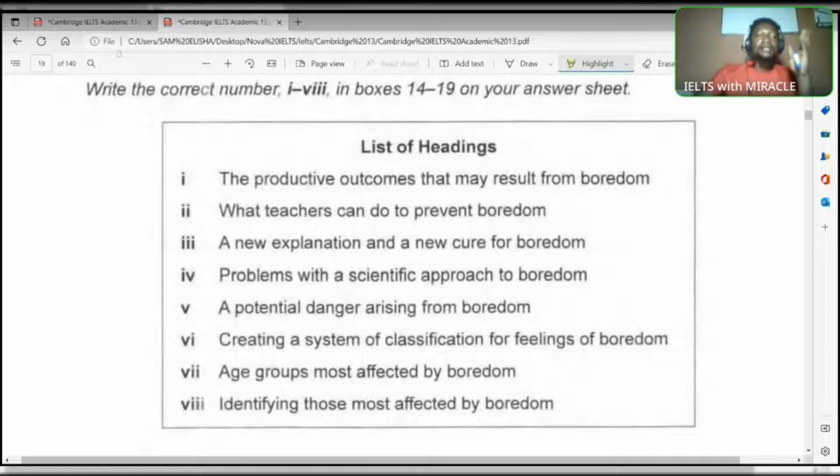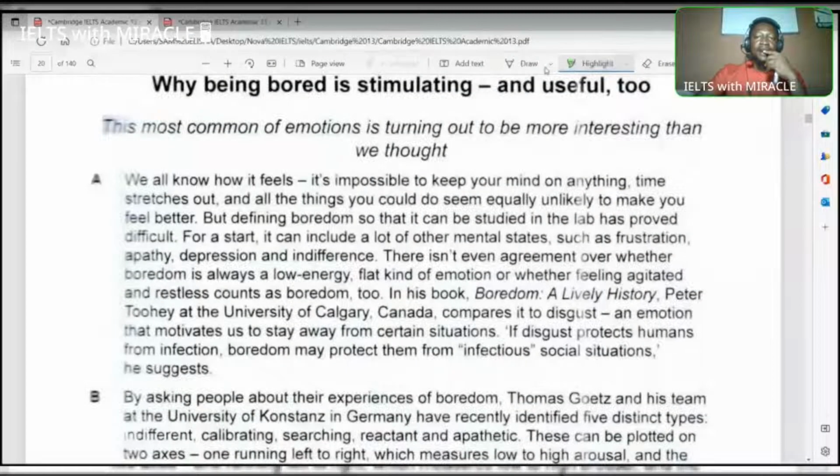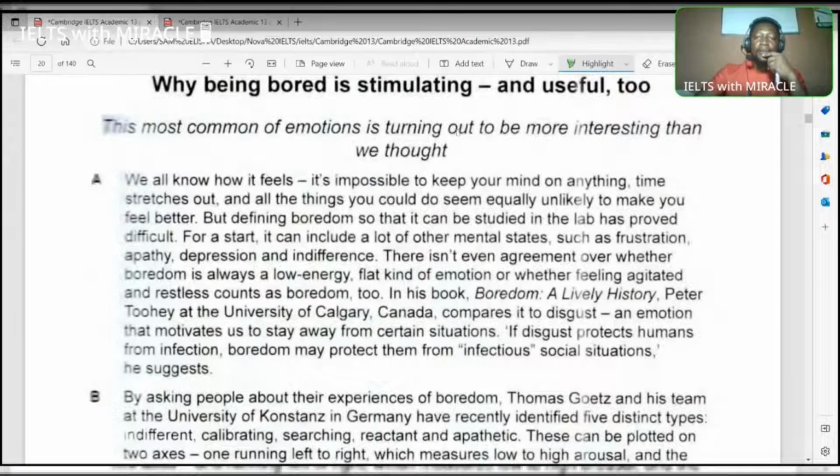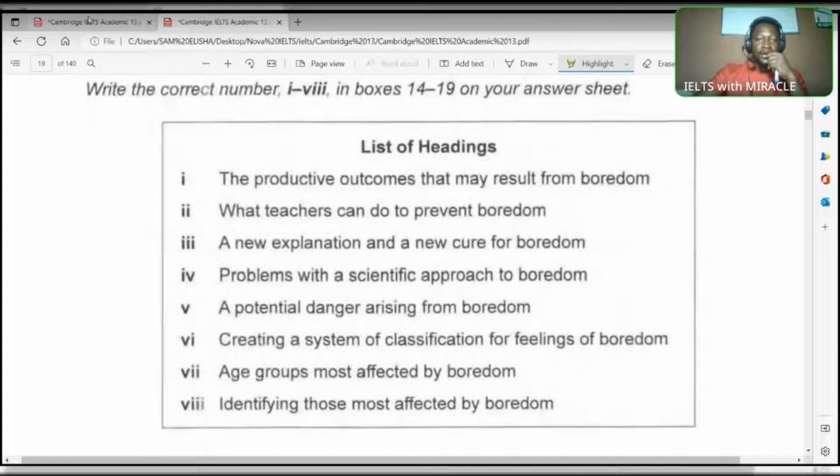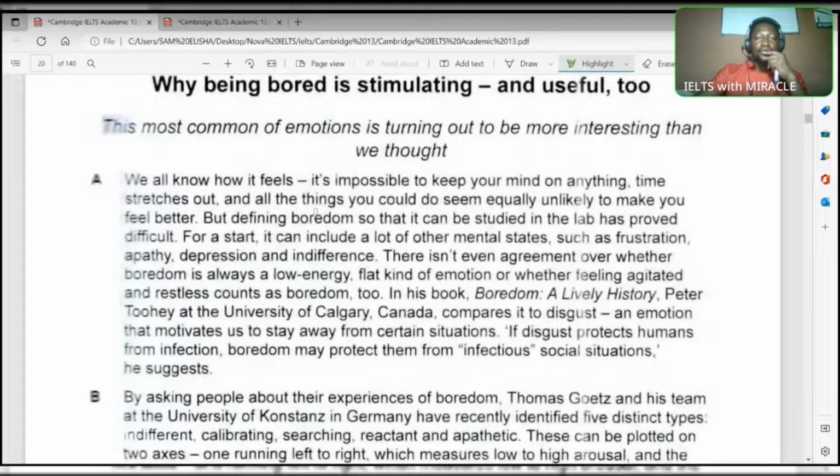Let's look at paragraph A. Let's look at what we can find right within this paragraph. We all know how it feels. It's impossible to keep your mind on anything. Time stretches out, and all the things you could do seem equally unlikely to make you feel better.